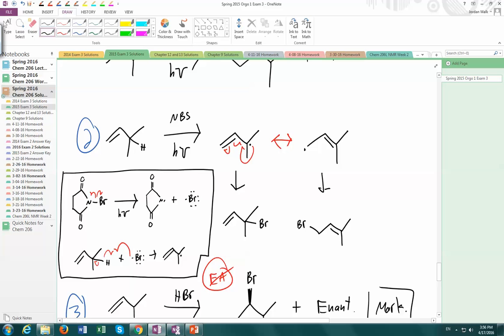And so I also mentioned in class, ultimately what happens is because we have to end up with a bromine radical of some kind, right? And so we used our bromine radical here, and so we need another bromine radical basically to react in these 2 steps. And so mechanistically, I said not to worry about it. Essentially what happens is if you have NBS and you have HBr, and we do produce some HBr in this reaction, right?